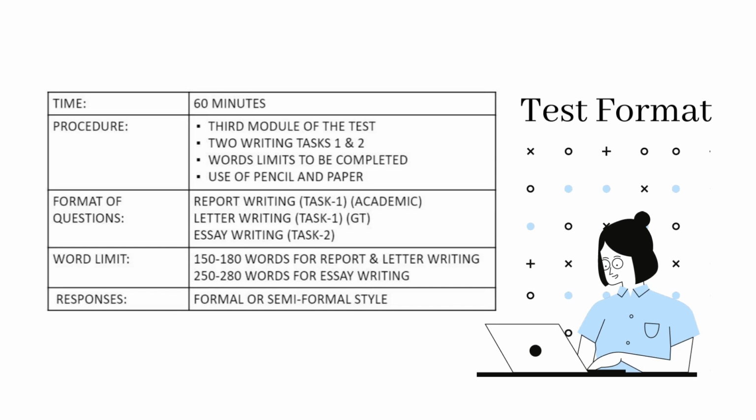And for these tasks, you have to complete the word limit. And lastly, you have to use pencil to give answers of all the parts of IELTS exam, even in listening and reading. Now, let us see the format of the questions.